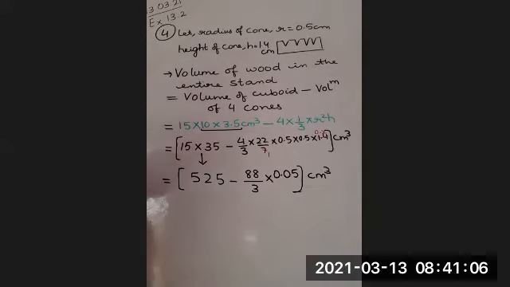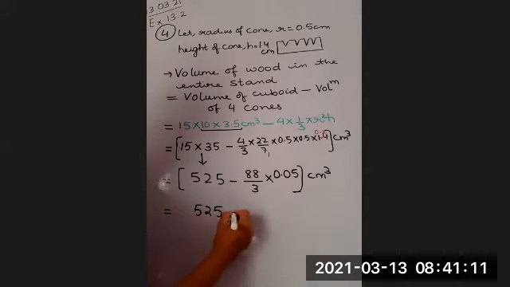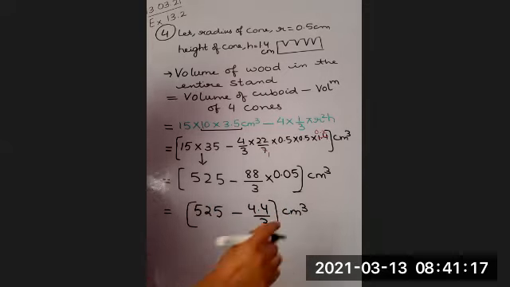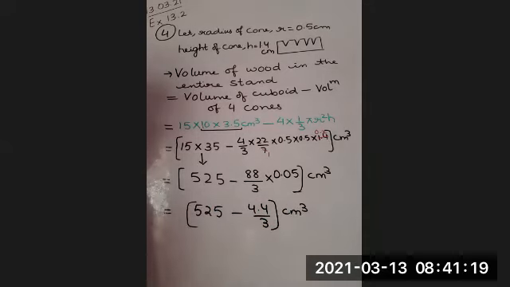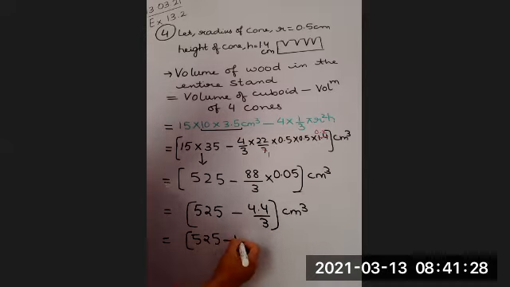Bell, class is about to get over. Please hurry up. So minus 4.4 upon 3. Now somebody, please divide 4.4 by 3. Hurry up. 1.46. 1.466.